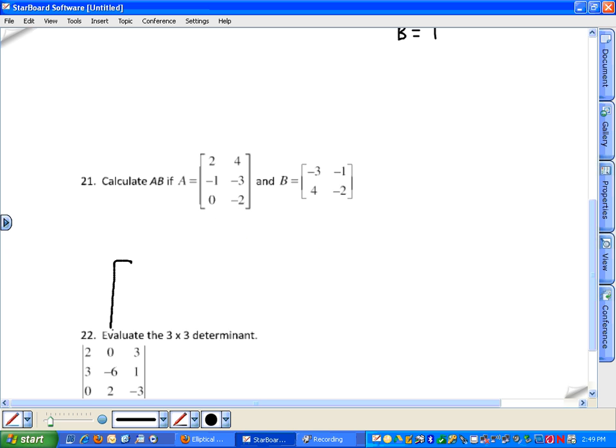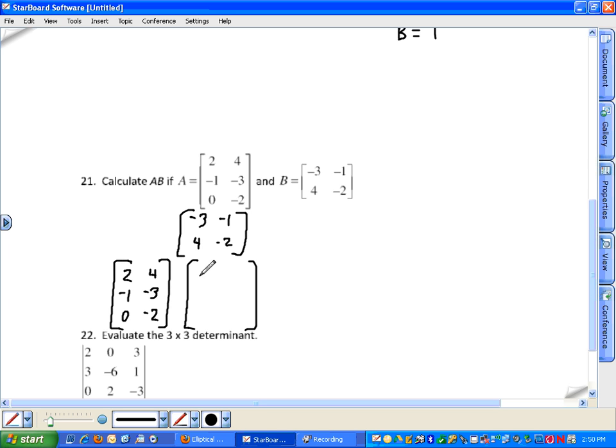So a 3 by 2 matrix has 6 entries. This entry here, we need to go across that row and down that column.